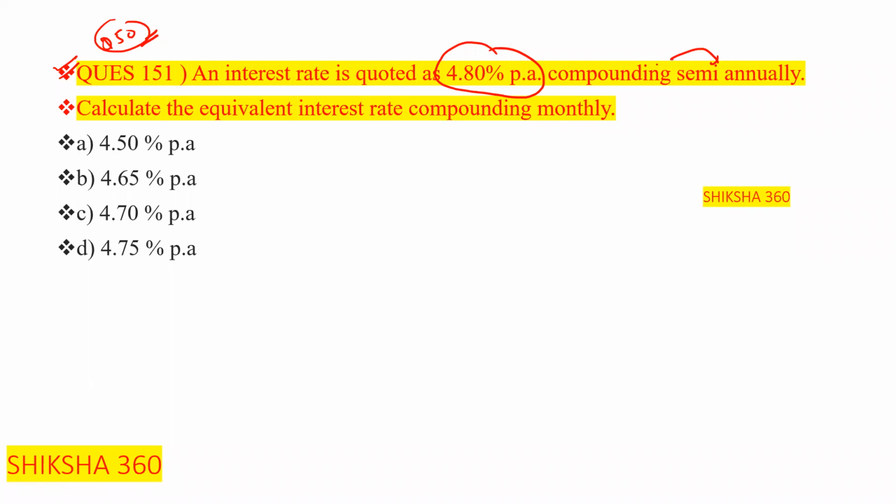Then we have to calculate the equivalent interest rate that is compounded monthly. So how can we calculate the equivalent interest rate that is compounded monthly?